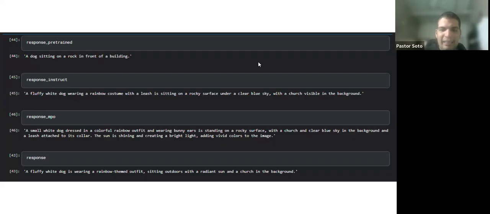And then the response for the next stage is a small white dog dressed in a colorful rainbow outfit and wearing bunny ears and standing on a rocky surface. You get the idea that they get different types of response at different stages. The reason why all of them sound reasonable for a picture of a dog in a certain position is that they initialize with the already existing language capabilities from the open source models.